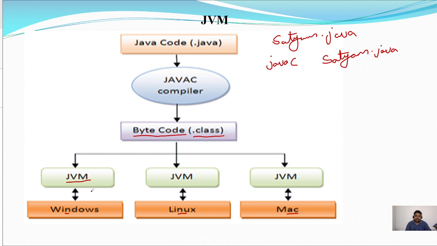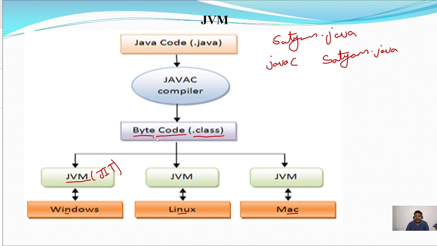In the JVM we also have the just-in-time compiler, which converts those statements into native machine code. That's why Java is a platform independent language.